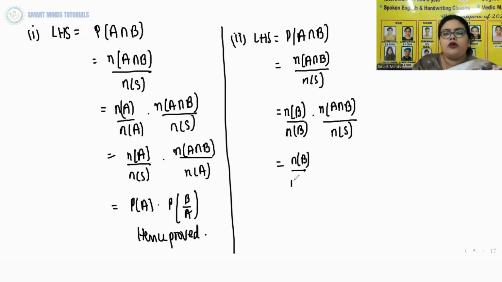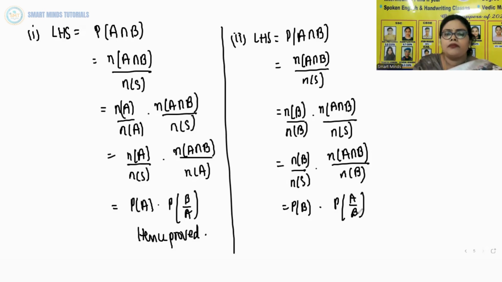We are writing N of B by N of S into N of A intersection B by N of B. So this is P of B and this is P of A by B. Second bit is also proved. Isn't it easy?